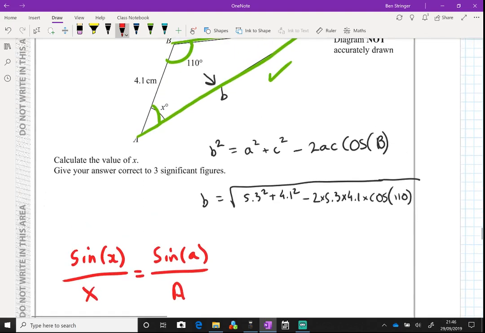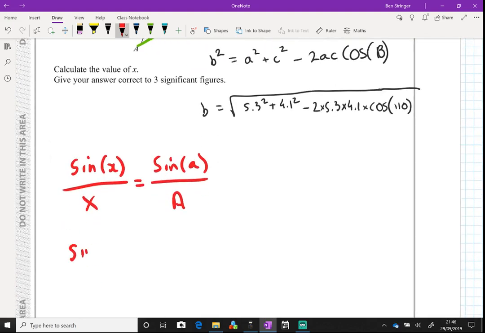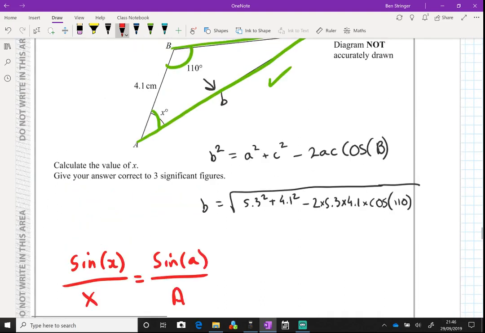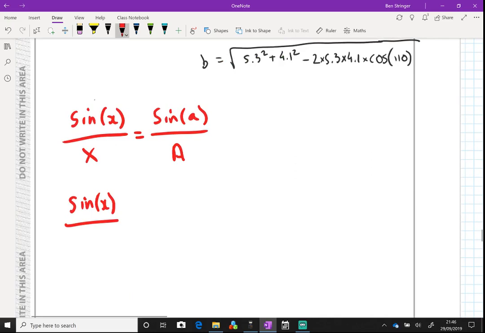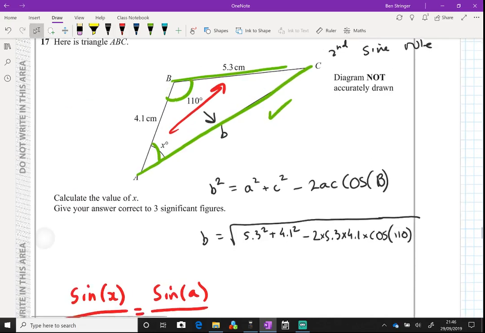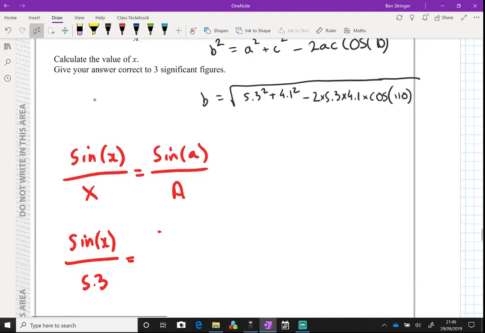So sine X, we don't know that yet, so we leave that. We know its opposite side, which is 5.3. Sine A, the other one, what we're using is this one, sine 110, and its opposite side, square root of blah blah blah.